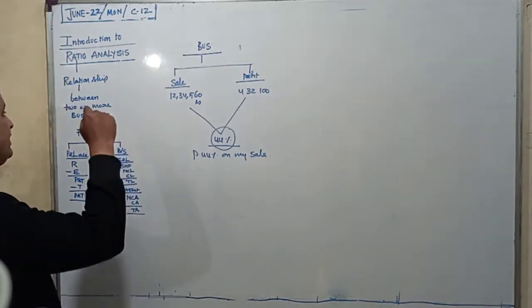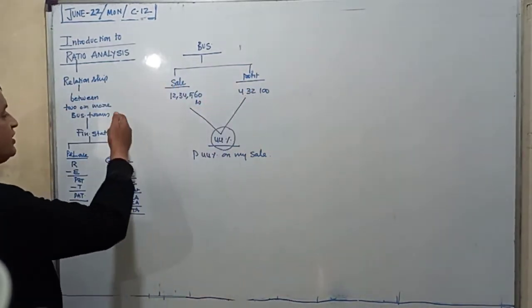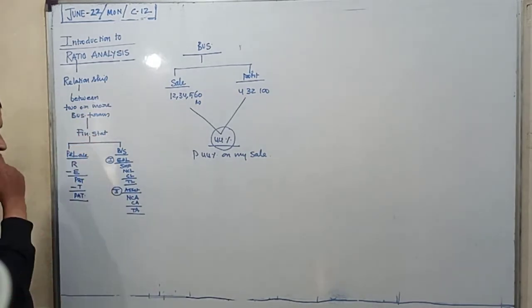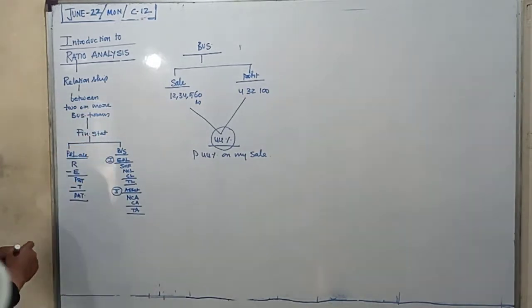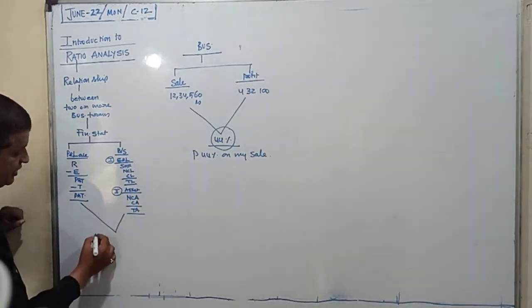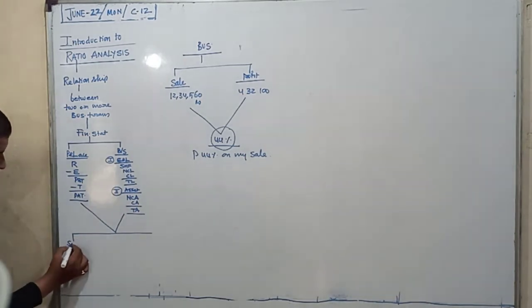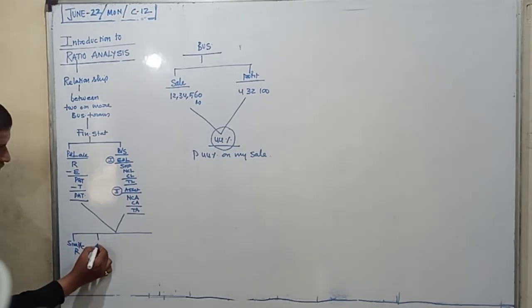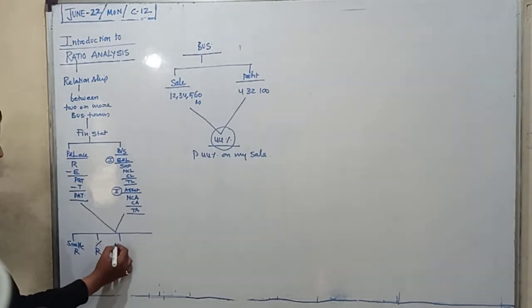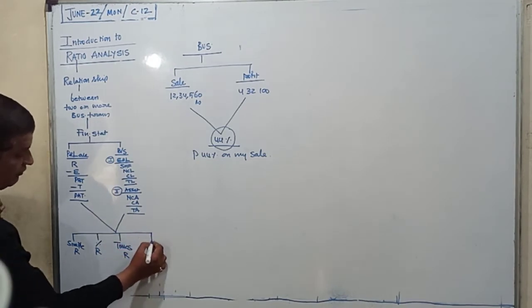So we said it is the relationship between two or more business transactions. These business transactions are taken from the financial statements. Now, how is this relationship expressed? It is expressed mathematically either as a simple ratio, or a percentage ratio, or a times ratio, or a fraction ratio.